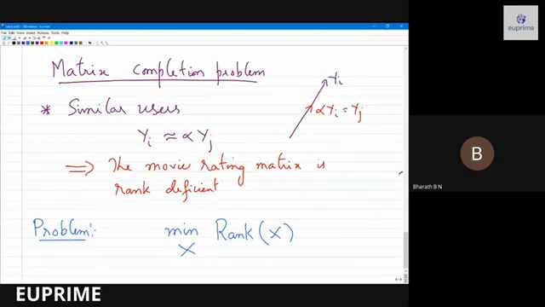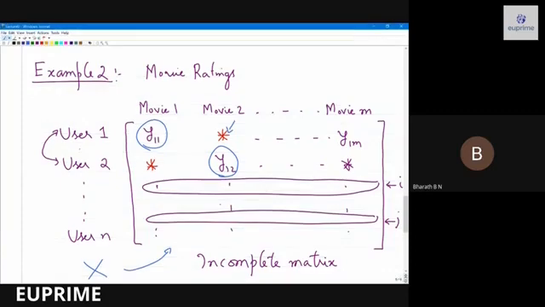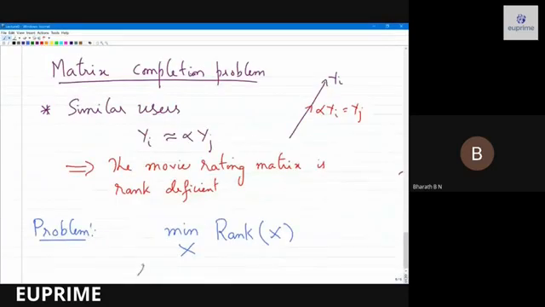But then remember, you cannot give the all zero matrix. Why? Because I have entries here, Y11, Y12. Those entries should not change. I just have to fill in something where somebody hasn't rated the movie. So now I have to say subject to, that means I want to find a matrix with the least rank.